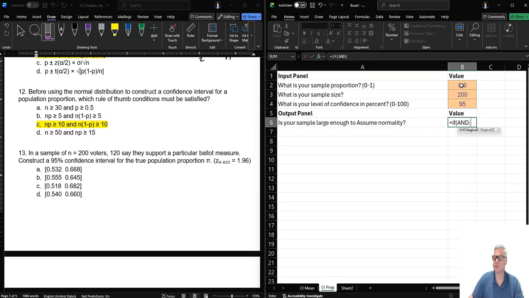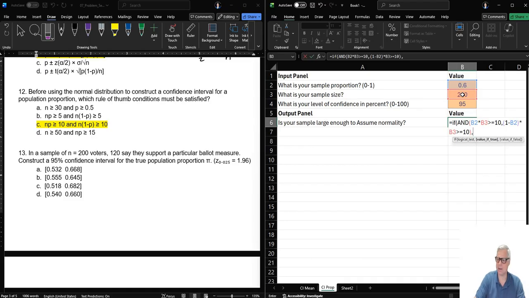So if 0.6, so we click into the cell where we have the 0.6, times 200 is greater or equal to 10. And now we have the second condition, and now we put in parentheses 1 minus the 0.6 times n, the 200, which is P3 in my case, is also greater or equal to 10. Then we close the parentheses.